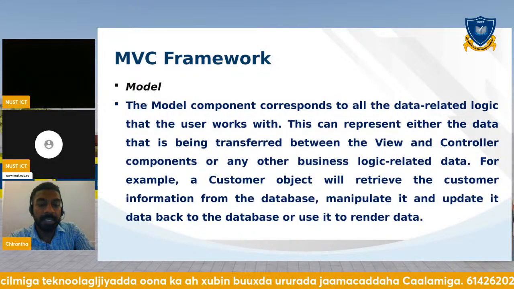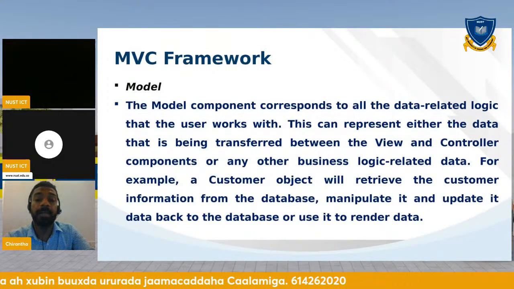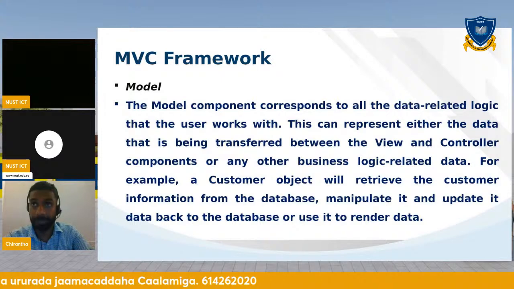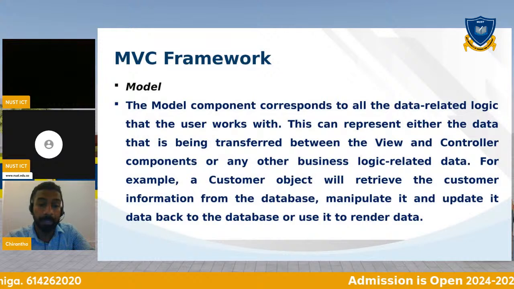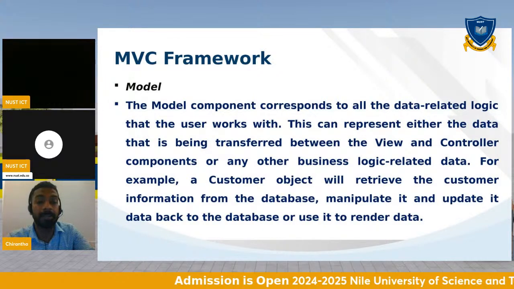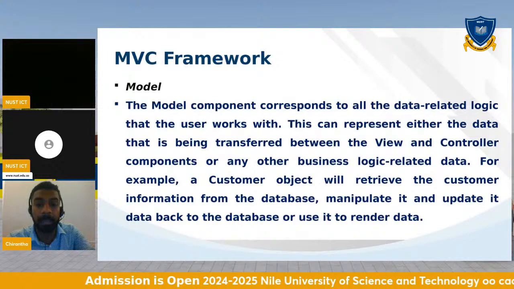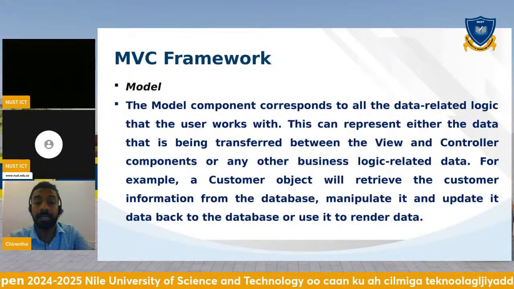So what is the meaning of the model? It is the component that corresponds to all the data-related logic that the user works with. Whatever logical data is there is integrated with the model. This can represent either the data that is being transferred between the view and controller components, or any other business logic related data.